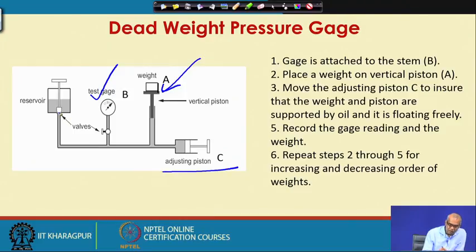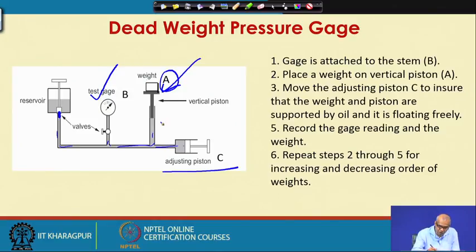Please note that the entire tubes are completely filled with oil. Now, when I place weight on this piston, the piston should be freely floating.